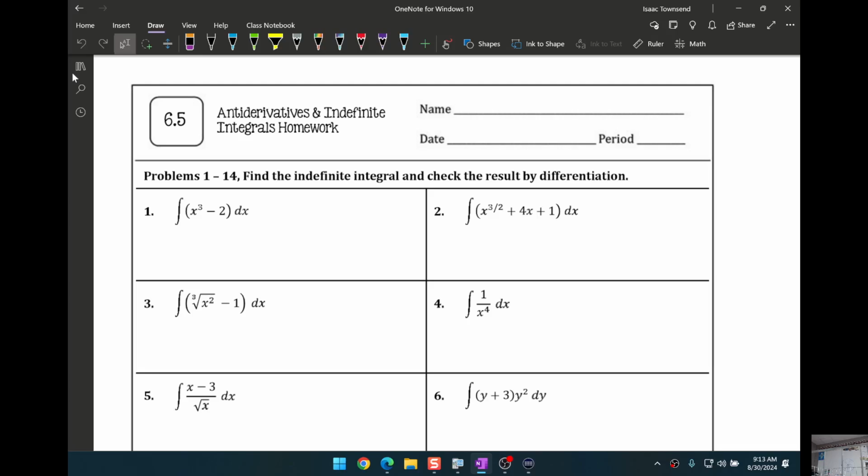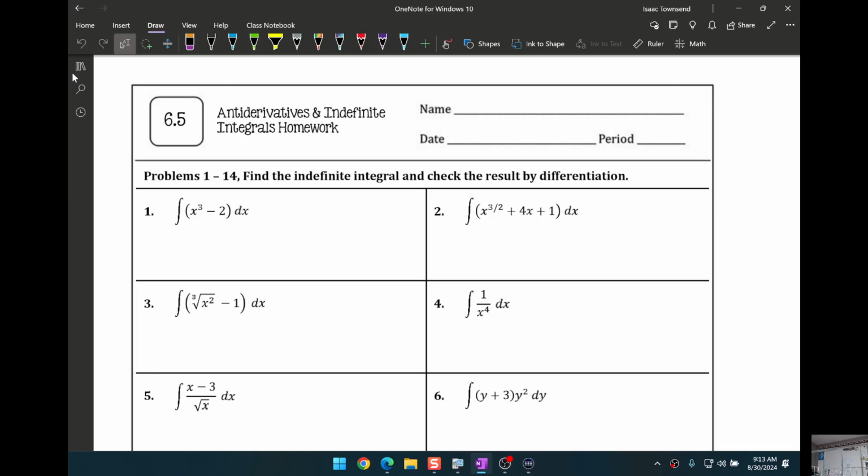Which one do you want, Brett? For number 14, I didn't remember. What's the tough one? You don't know. Sine x plus 5, yeah.